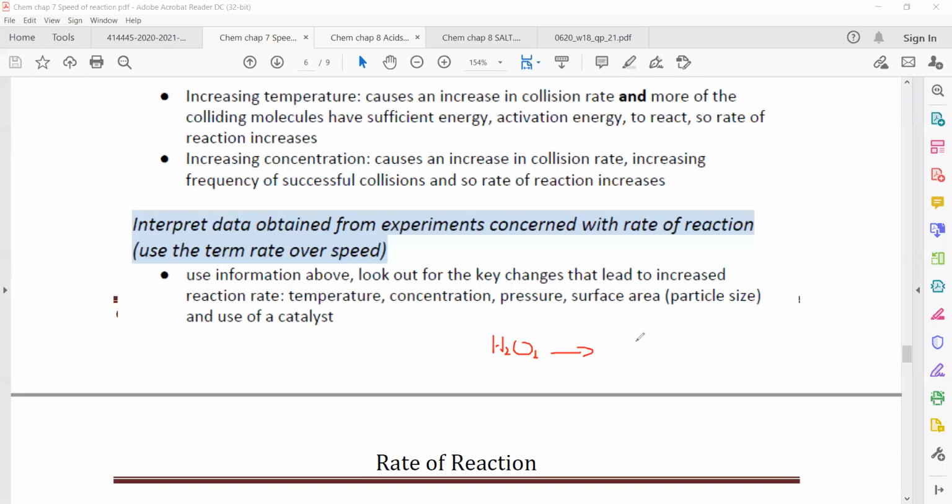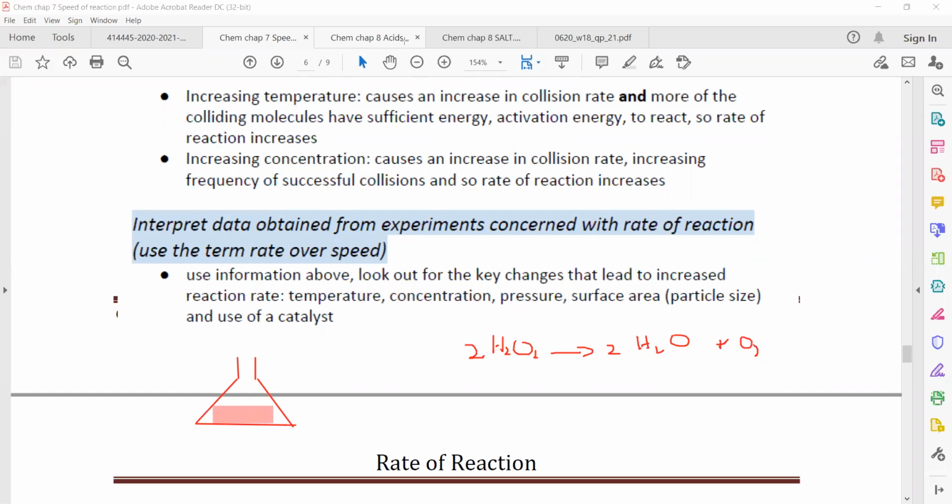It can decompose into water and oxygen, so oxygen gas is there. To find which is a better catalyst, we'll take a certain volume of hydrogen peroxide.